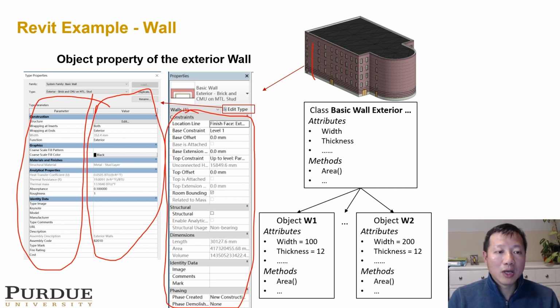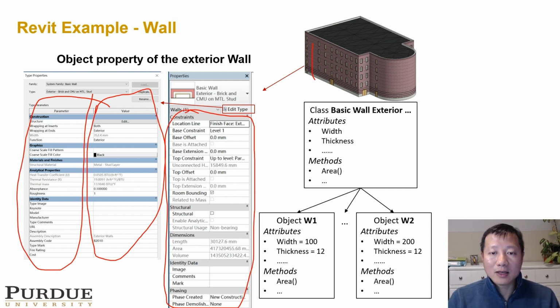For example, if you change the structure right here by clicking this editing window and bringing up the structural editing tool and change the wall structure, the same change will be applied to all the wall objects, all the exterior walls that are of this type in your Revit project. That's the reason we call this a class level set of objects.